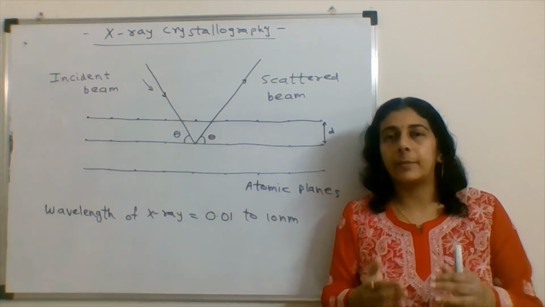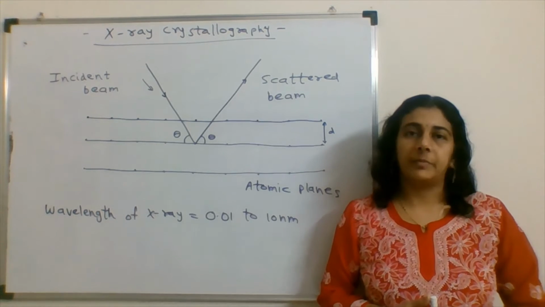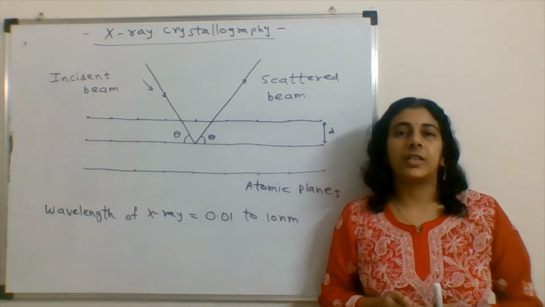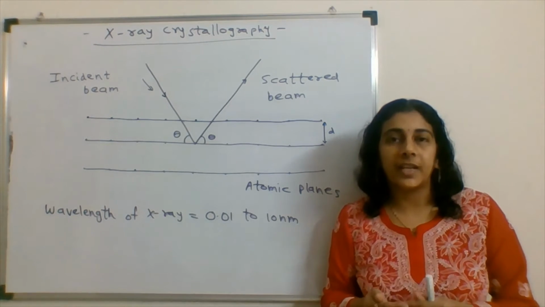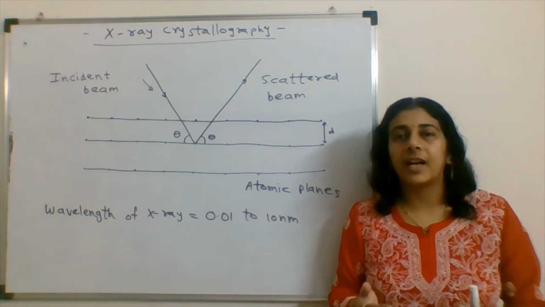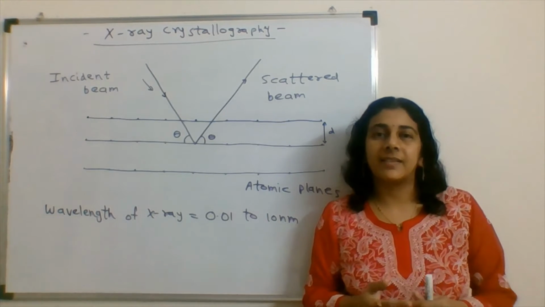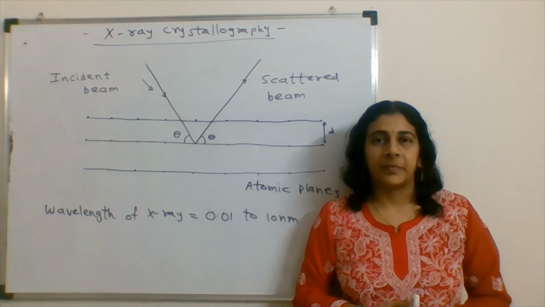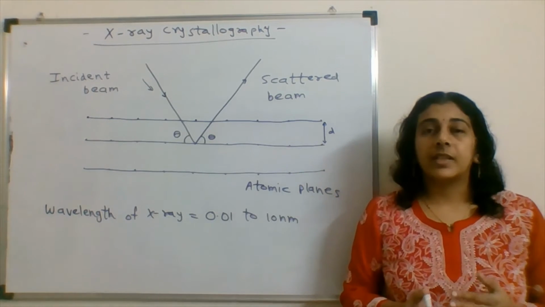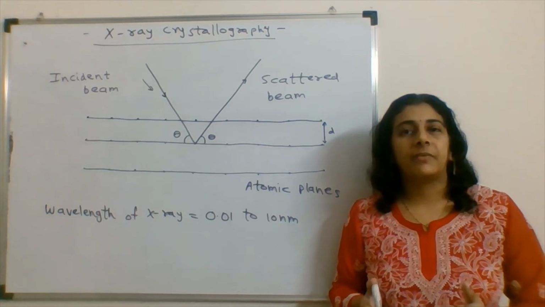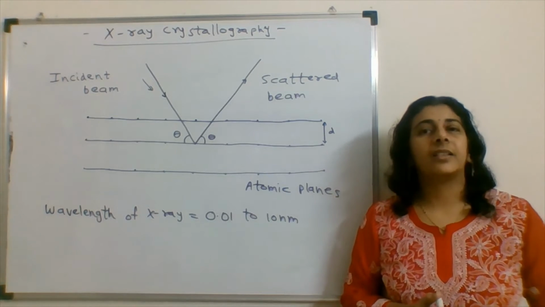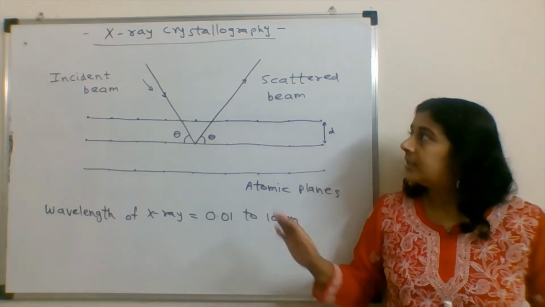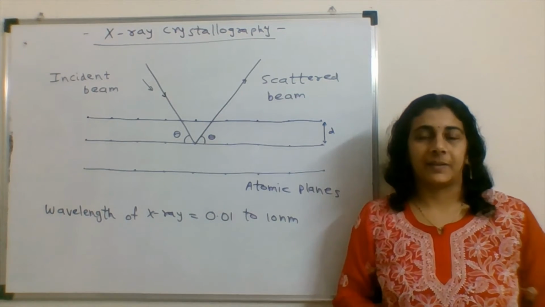This is recorded by the photographic plate. If they reinforce each other, they are in phase, then we find the dark band. If they cancel each other, then the band is a light one. This way, using Bragg's law, X-ray diffraction is studied and the protein structure or nucleic acid structure can be determined using this technique.